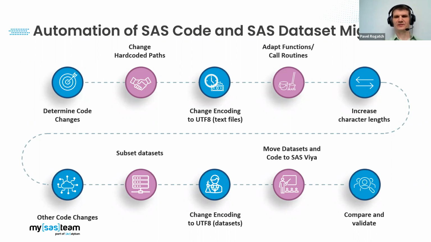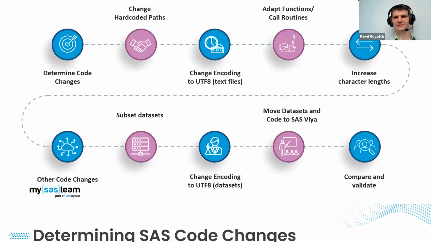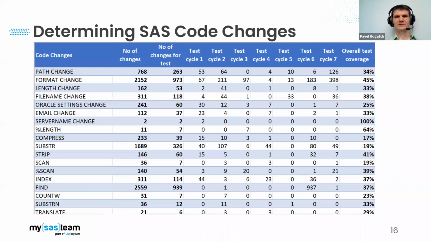And now let's talk about some of these stages in more detail. So the next slide shows an example of the first stage we talked about, when we analyzed all SAS code files, and we received a list of necessary changes in all SAS code files.